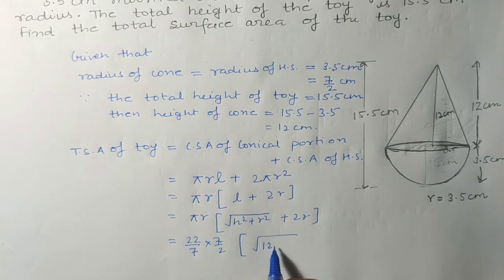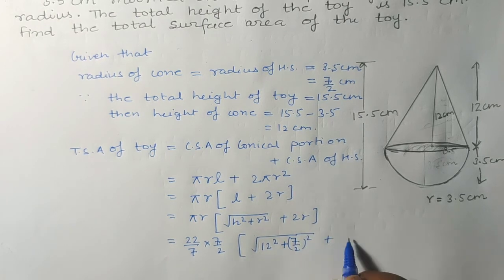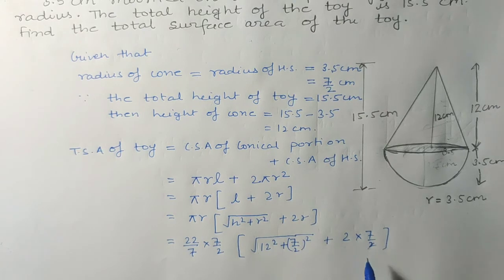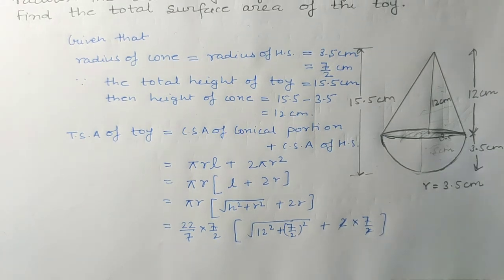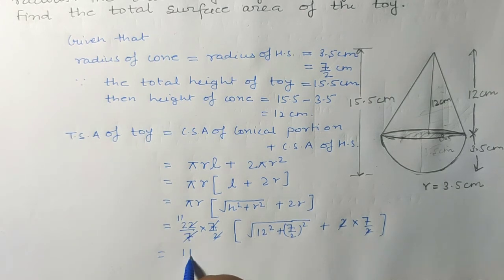And r is 7 by 2, square, plus 2r means 2 into 7 by 2. This 2 and 2 will be cancelled out. Now when you solve it, this 7 and 7 will be cancelled out, 2 into 11 times. So basically it is 11.